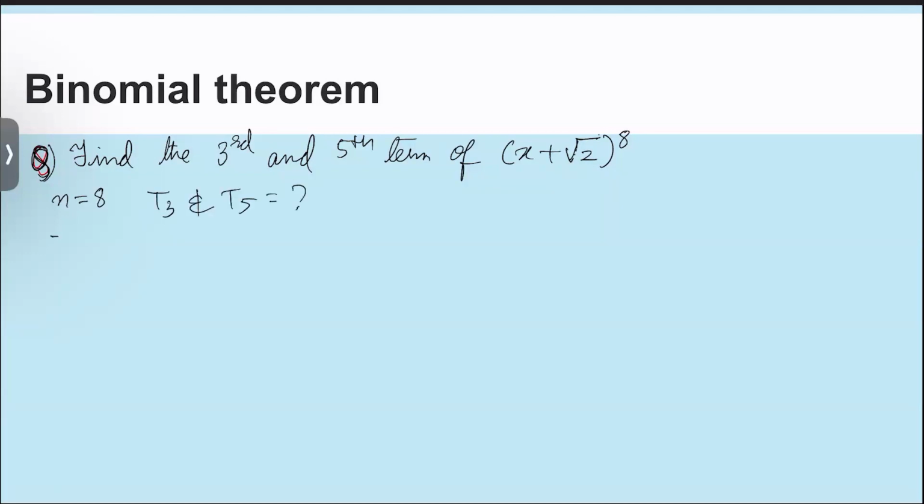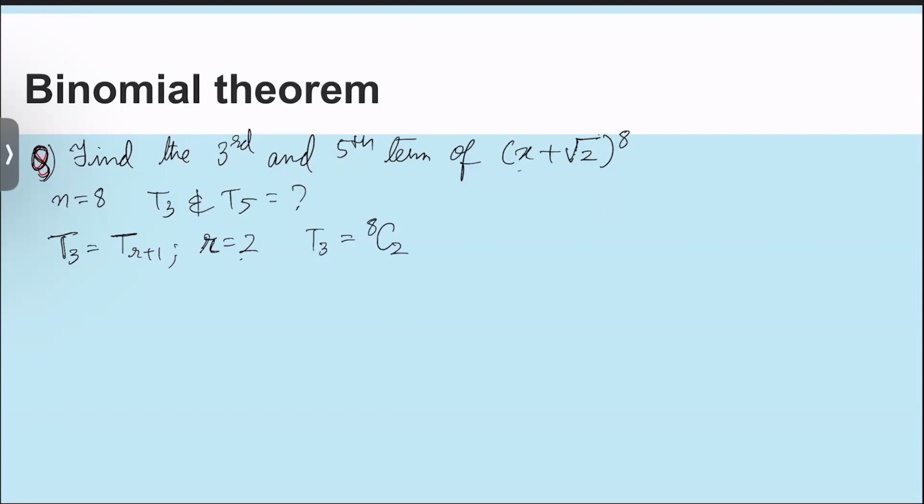T3 we want to get as R plus 1. So when T is equal to 3, R becomes 3 minus 1, so R is 2. You can write T3, where R is equal to 2, as nCr, where n is 8. So 8C2.